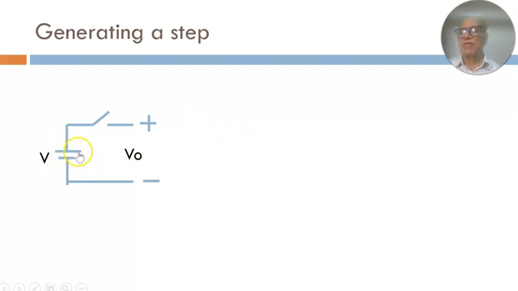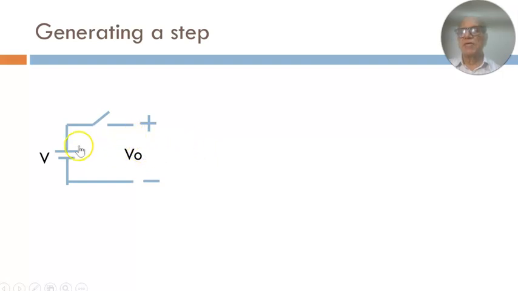Suppose you have a voltage source, a battery with a voltage V in series with the switch, and we take our output here. So as long as the switch is open, this V0 is going to be 0. And when the switch is closed, that is the instant we call our t equal to 0.